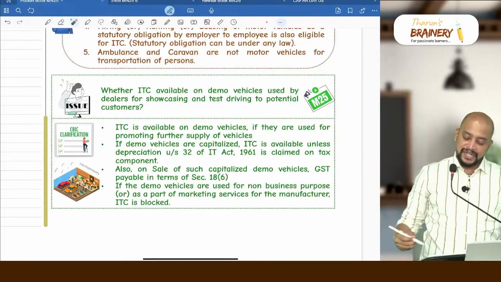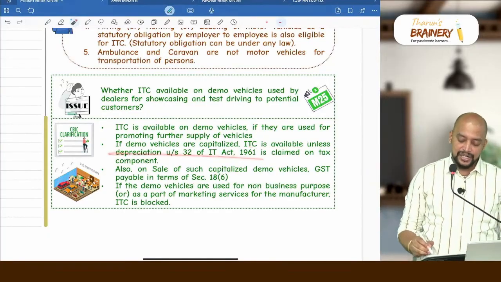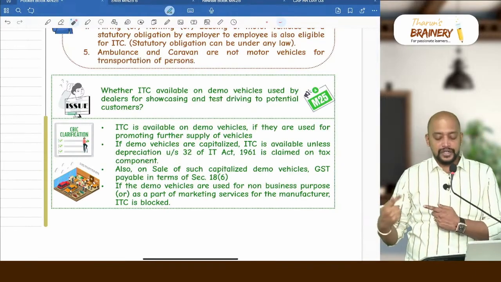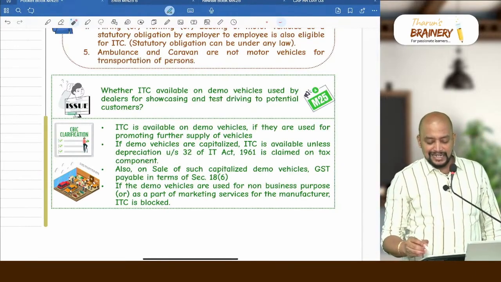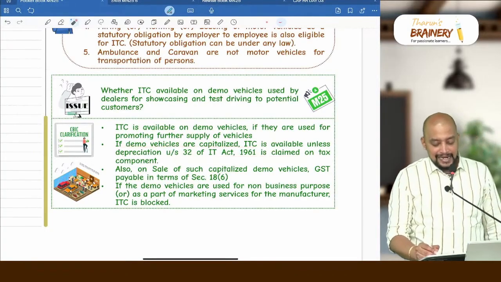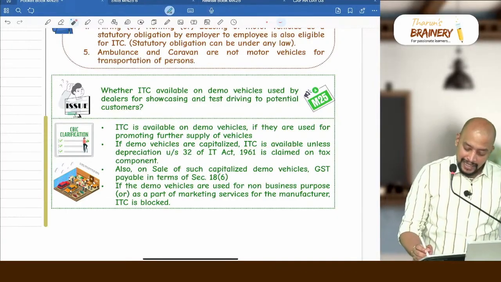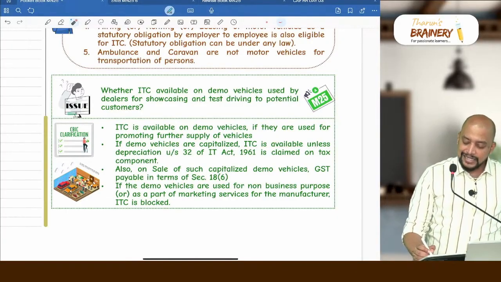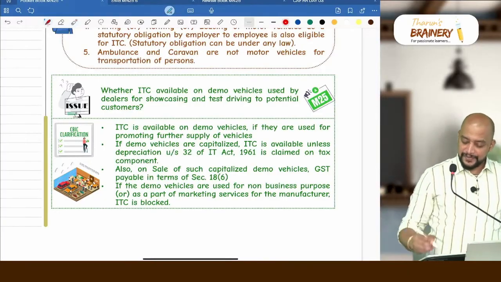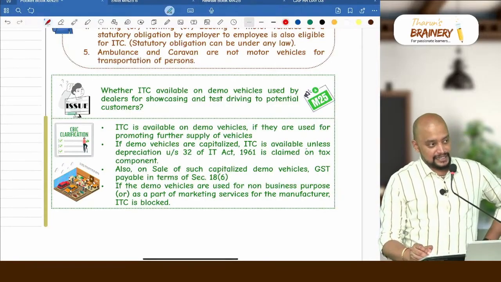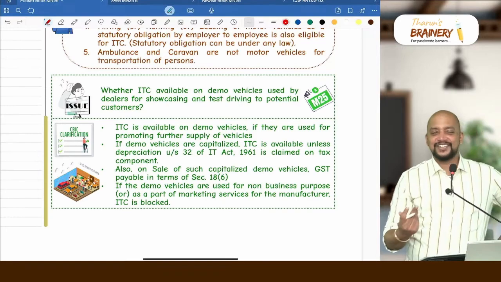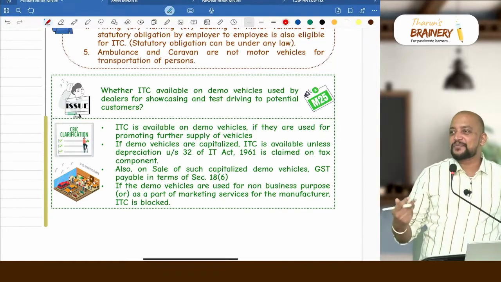So if the demo vehicle is purchased, ITC is available unless depreciation under section 32 is claimed on the tax component. So if demo vehicles are capitalized, ITC is available unless depreciation under section 32 is claimed on the tax component.